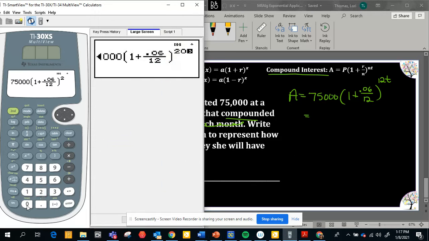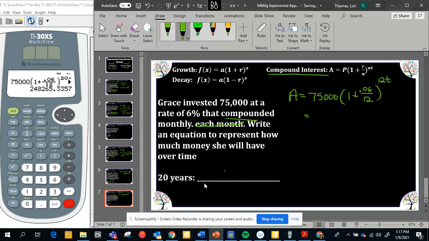So 20, and then it's times 12 for compounded monthly. And we're talking about money, so let's make it make sense. So this looks like $248,265.34. So hopefully this helps you with comparing the two different types of applications as well as using the multi-view calculator.